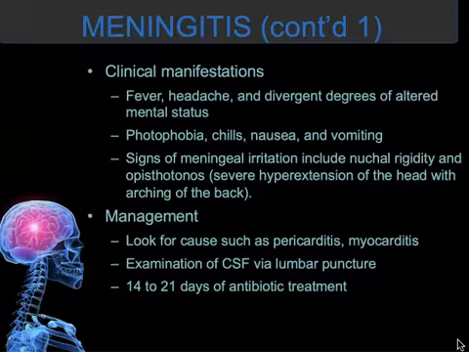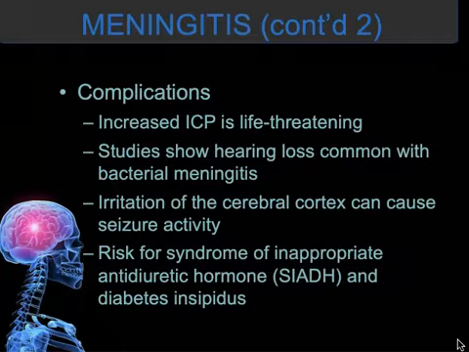And then certainly there are other causes you can think about, in terms of pericarditis or myocarditis, which can lead to meningitis as well. And as you can see, there's an extended period of antibiotic therapy for those patients if it's bacterial, and examining their CSF via a lumbar puncture is going to be the best way to identify organisms.